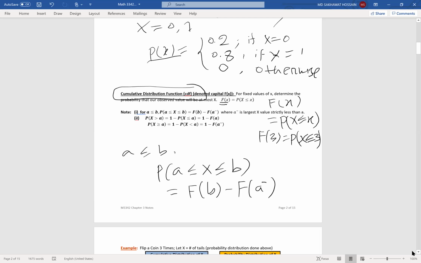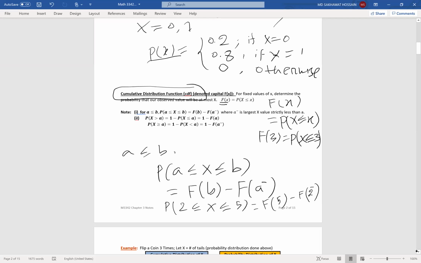So this means the largest value of x that is strictly less than a. What does it mean by strictly less than a? For example, if we want to find the probability of X between 2 and 5, less than or equal to 5, then using the CDF, the probability will be F of 5 minus F of 2 negative.